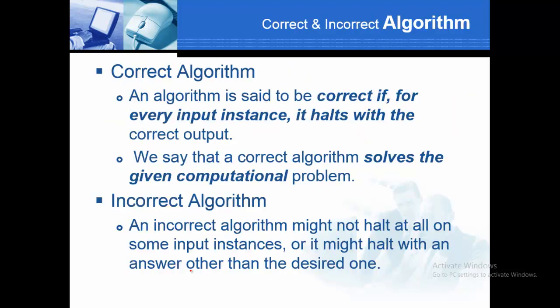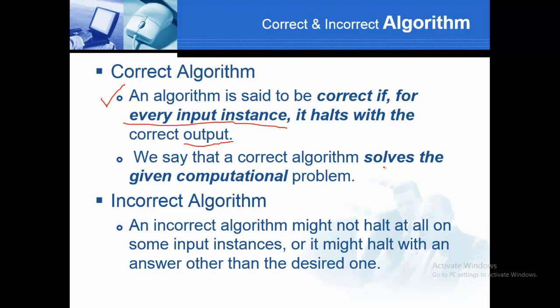Okay, let's go further. Correct and incorrect algorithms. Very clear answer. An algorithm is said to be correct if for every input instance it halts with the correct output. Very important. You provide inputs and it provides correct outputs. We call it a correct algorithm. And incorrect is the opposite.